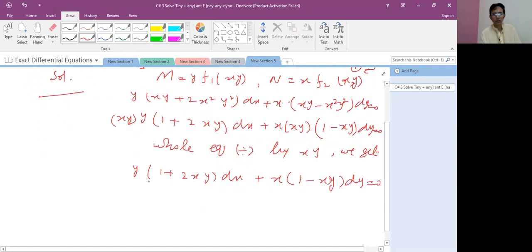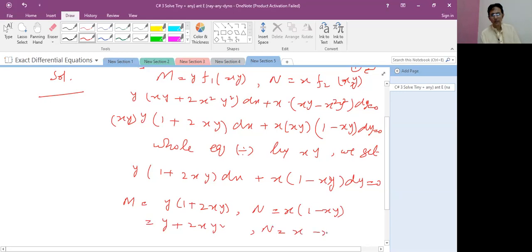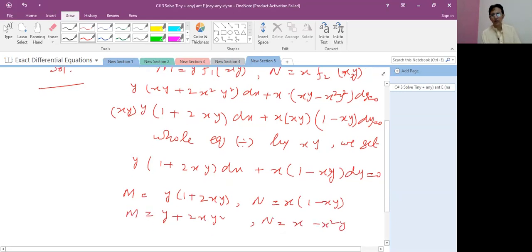So after that, what is m? M is y into 1 plus 2xy and n is x into 1 minus xy. If we multiply together, y plus 2xy squared, and n is x minus x squared y. So this is called m and this is called n.